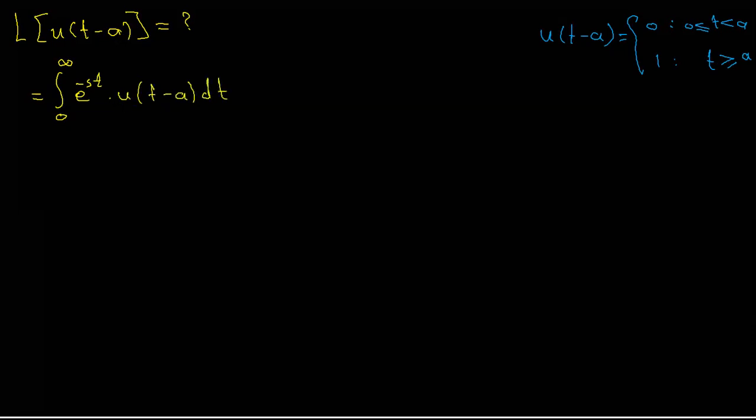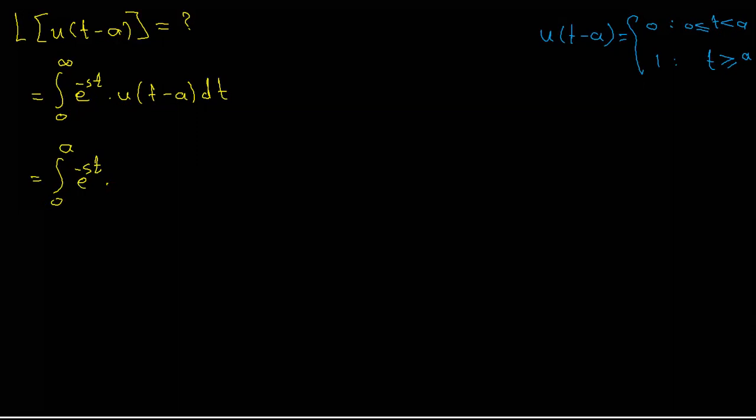Now my u has two different values, and those values depend on my interval. So I'm going to write my integral as a summation of two integrals. Integral from 0 to a, the first interval, e to the negative st times my u in the first interval.